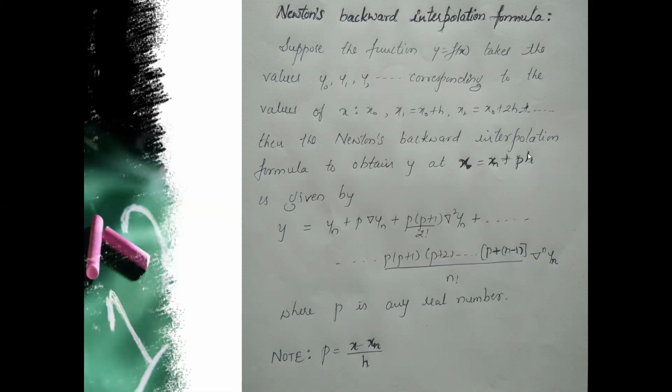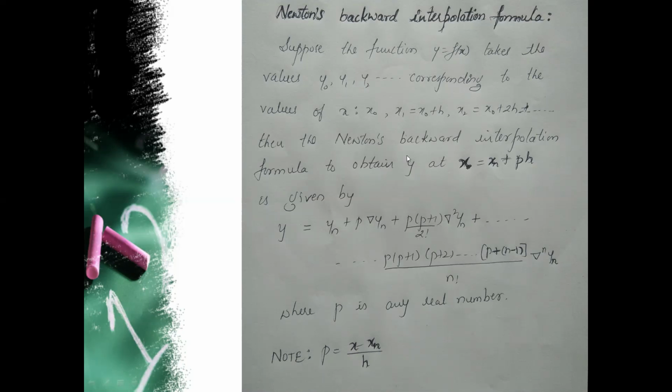Then the Newton's backward interpolation formula to obtain y at x equal to xn plus ph is given by y equal to yn plus p into del yn plus p into p plus 1 divided by 2 factorial del square yn plus, it continues so on, p plus 1, p plus 2, and so on up till p plus n minus 1 divided by n factorial multiplied by del raised to n yn, where p is any real number given by x minus xn upon h in the backward interpolation formula.